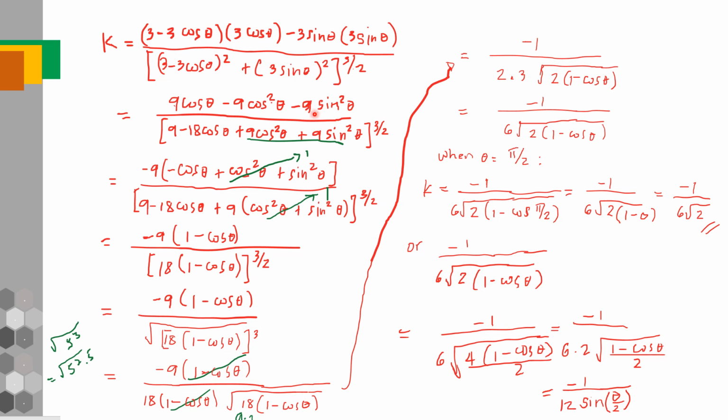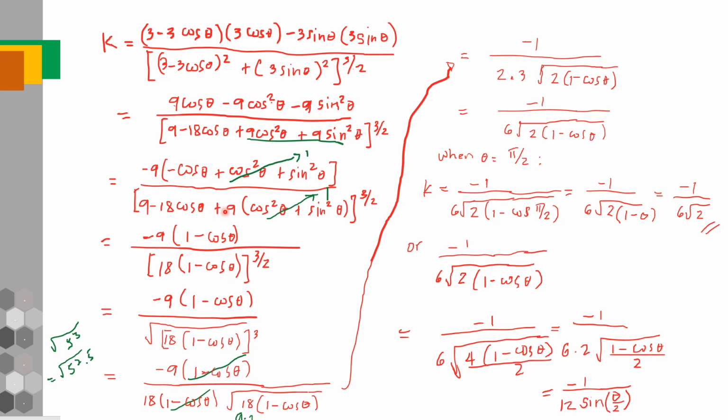Bakit negative 9? Para cosine square plus sine square yung dalawang term na ito, at magagamit natin yung identity. Likewise, dito magfa-factor din tayo ng 9. So we have cosine square plus sine square, and that is equal to 1. And so we have 1 times 9, so we have 9. Okay?